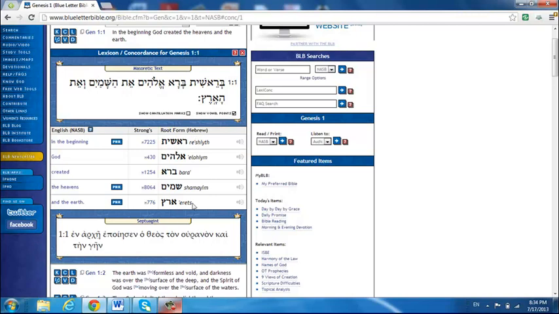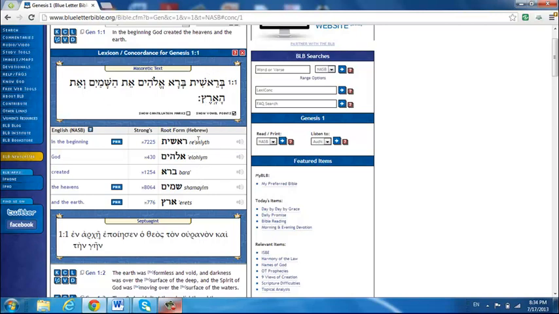These are the unmangled forms, the dictionary forms of the words. So without the bet on the front, which is the word in, the basic word is Reshit. So beware that the words here and the way that they are spelled out here are not exactly the same as what's up here.